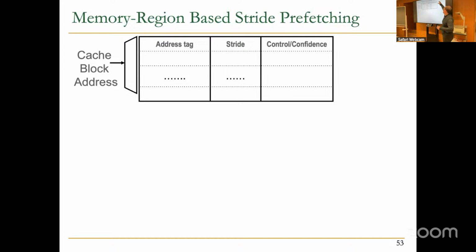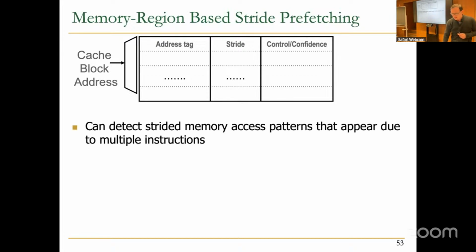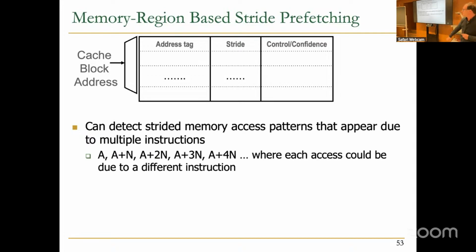There could be another address that you keep over here, of course, to decide what is the last address that you have fetched in that region, and you're going to add the stride to it. Now, the advantage of this is it can detect strided memory access patterns that appear due to multiple instructions. Let me finish the slide, and then we're going to stop. For example, here, the stride may be happening where each access could be due to a different instruction, a different load. It's possible. There are access patterns in programs that make this happen. Now you can detect it.